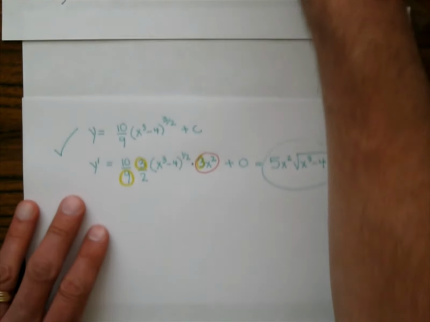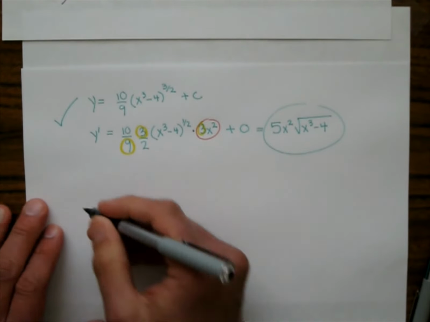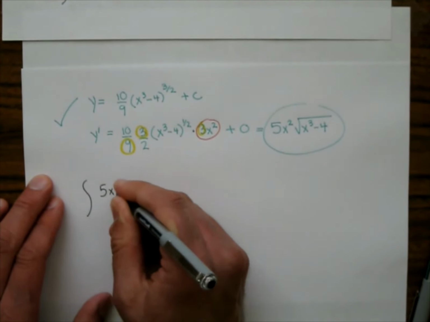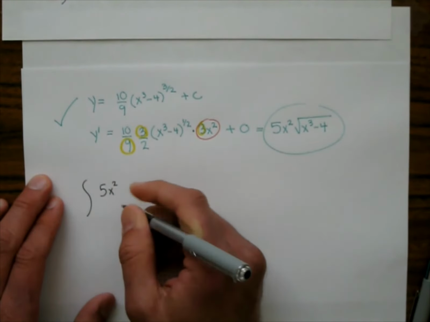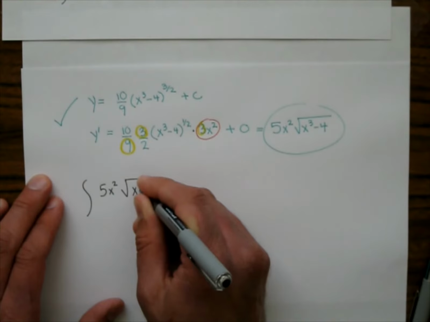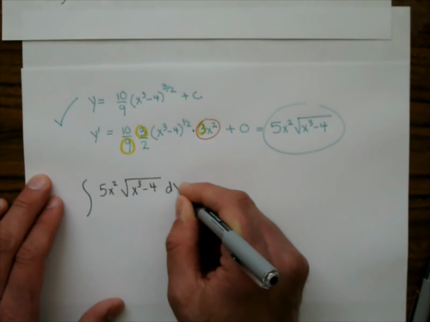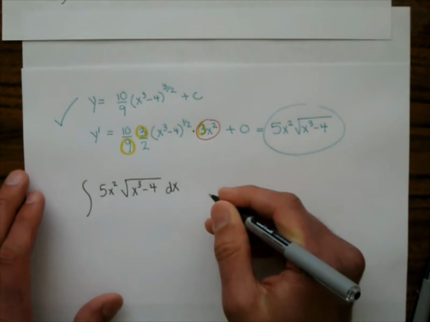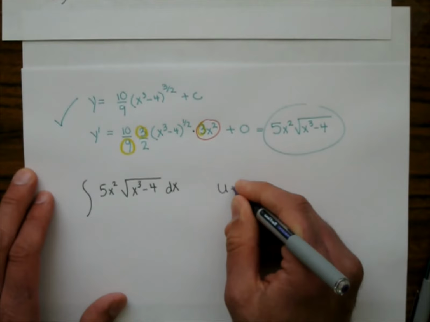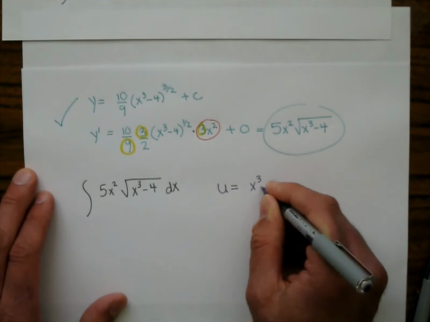Okay, one other thing that I want to say about this problem, and some of you are like, just leave this problem alone. So here was the problem right here, 5x squared, and then we had the square root of x cubed minus 4 dx. And remember when we did our u substitution, we let u equal x cubed minus 4.